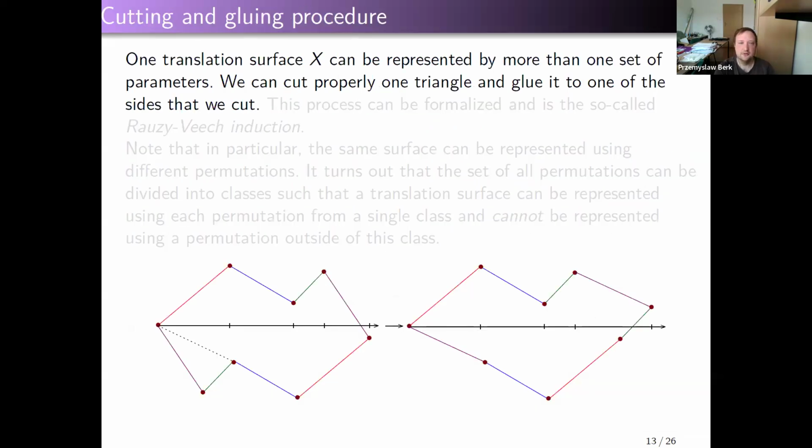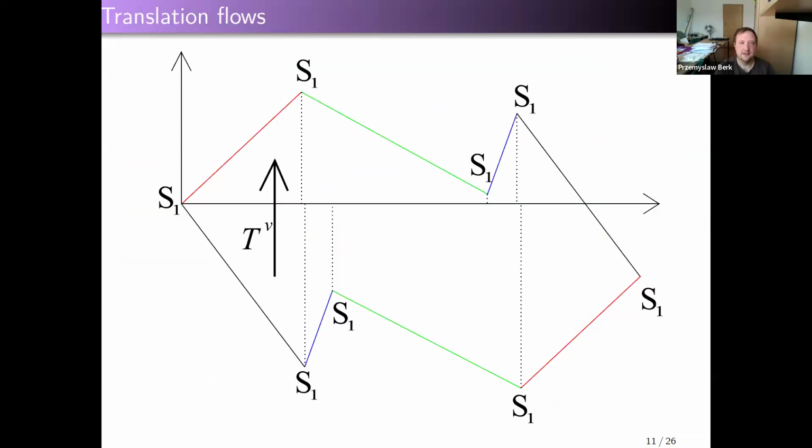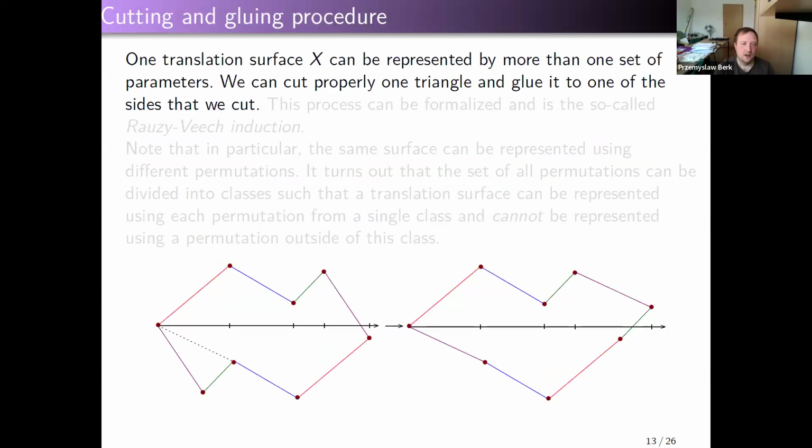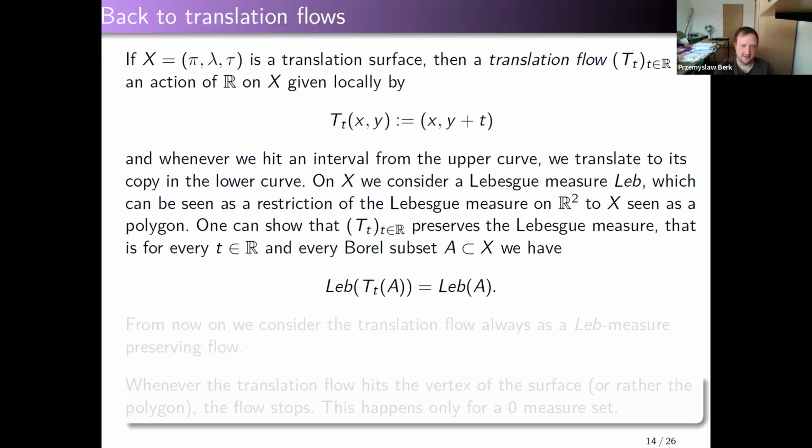But even if you take the square and hit the discontinuity, so part of the square goes to one part of the surface and the other goes to another part, the total area of those two copies will still give you the area of your original square. Okay, so this is what it means that the flow preserves the Lebesgue measure.